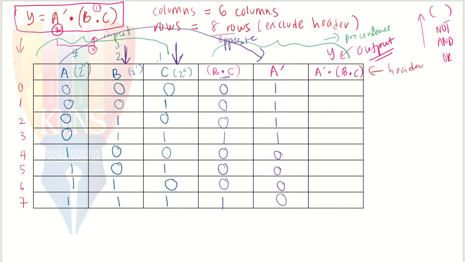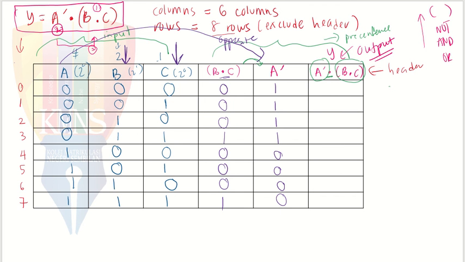And now for the output, you know that you need to combine those together. I will use the green one. You already have the values for these two columns, and now you combine them using the AND operator.